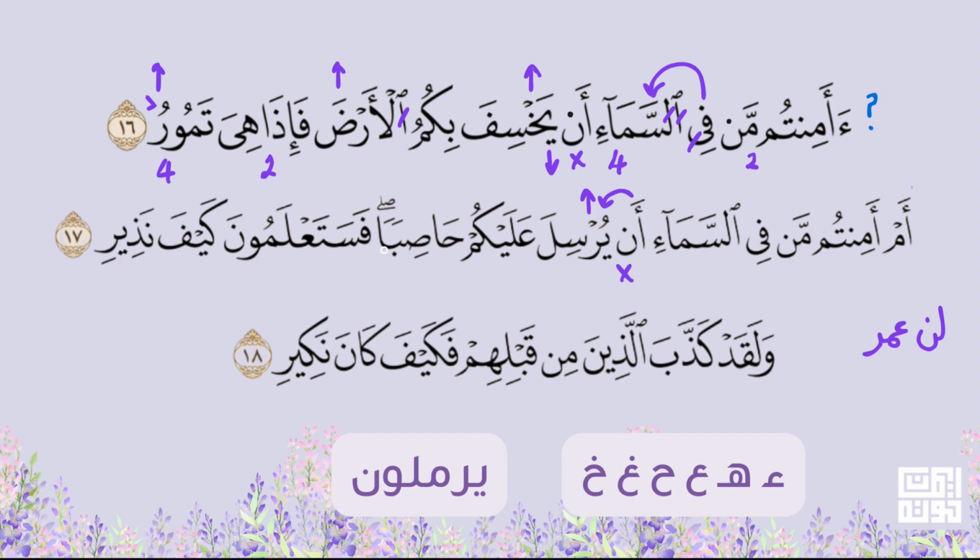حاصبا. I'm gonna stop with an alif here, 2 counts. And 2 counts here also for the alif. So it's حاصبا. What if I connect? It's going to be إخفاء with the letter fa. حاصبا فستعلمون.